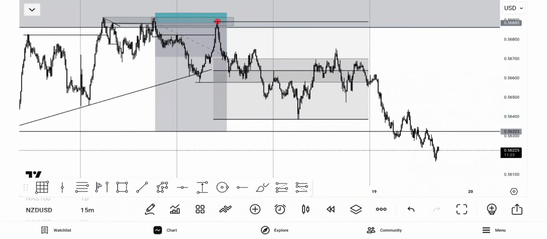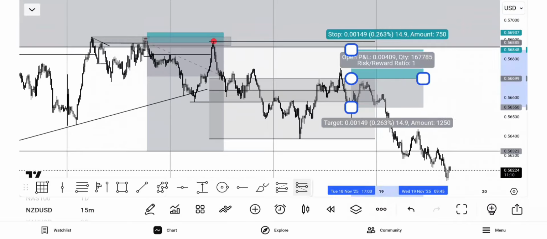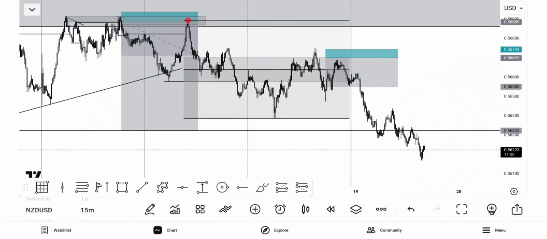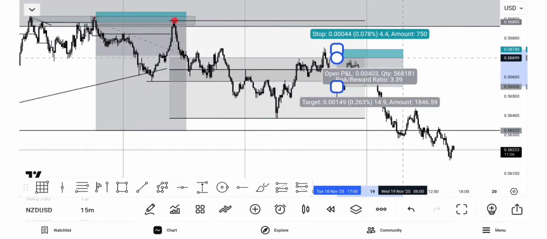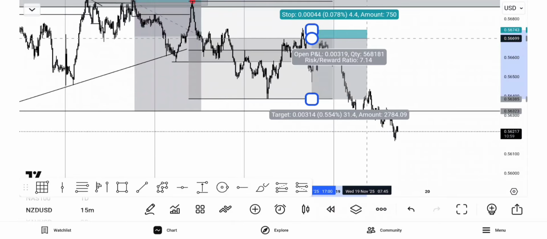Price retraced into premium. When price got into premium, we enter our position via this 0.618. Unfortunately, price missed the entry at this spot, which would have been a good selling opportunity.